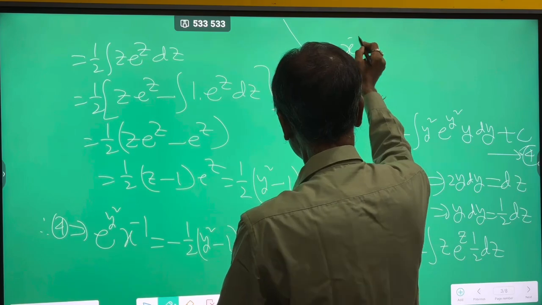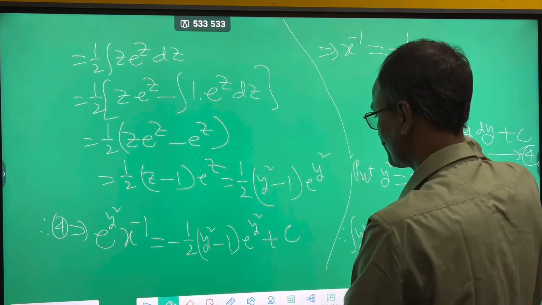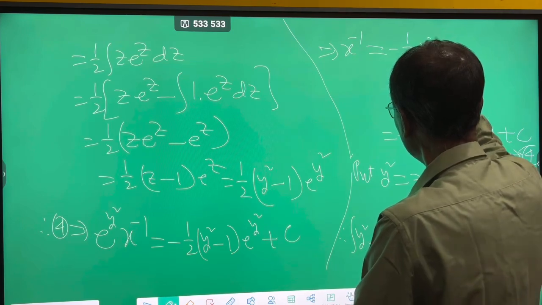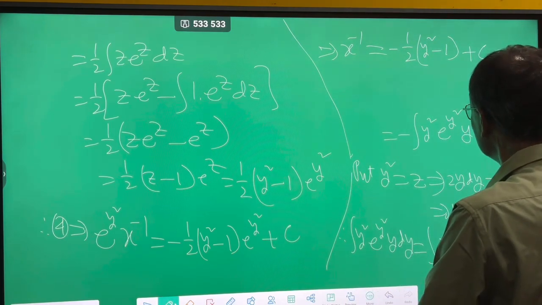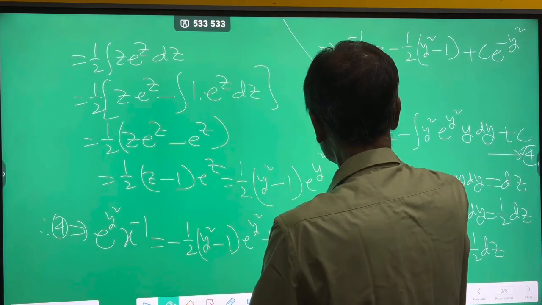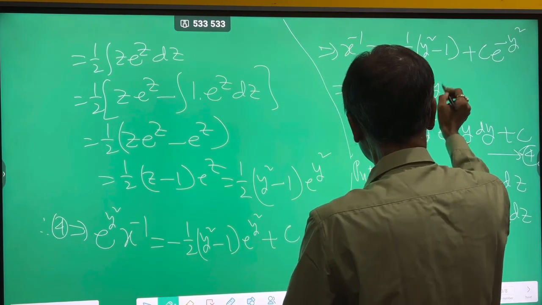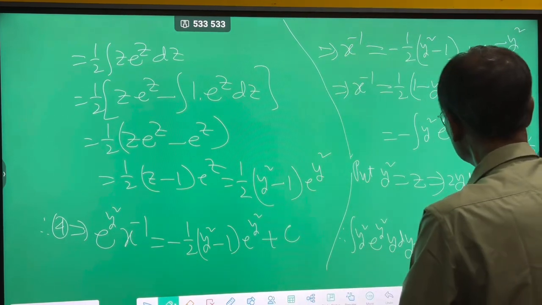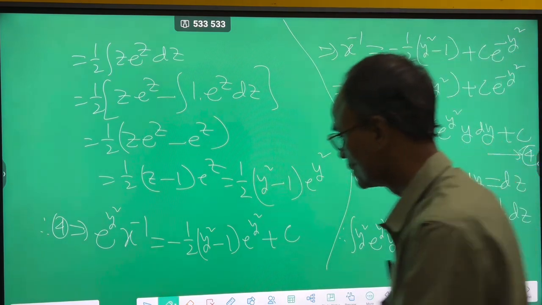Or x to the power minus 1 equal to minus 1 by 2 y square minus 1 plus c e to the power minus y square, or you may write x to the power minus 1 equal to 1 by 2 1 minus y square plus c e to the power minus y square.